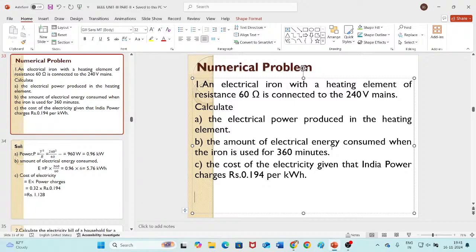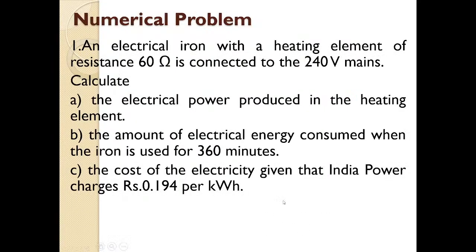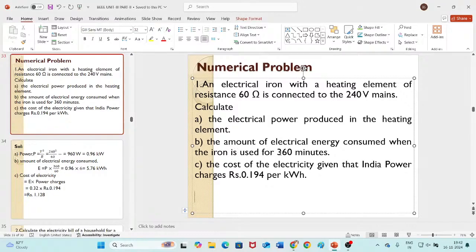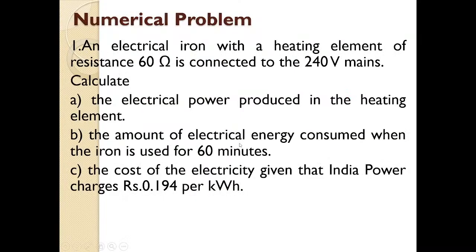The amount of electrical energy consumed when the iron box is used for more than an hour. An hour means 60 minutes, so let us assume it has been used for 60 minutes so that it will be easy for us to perform the calculations. So it is being used for 1 hour.